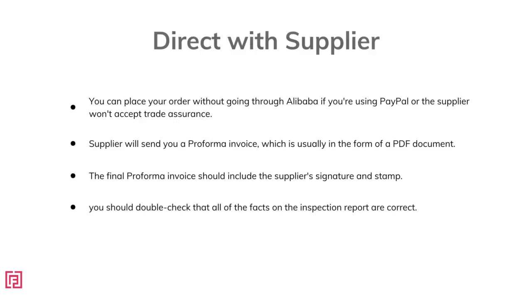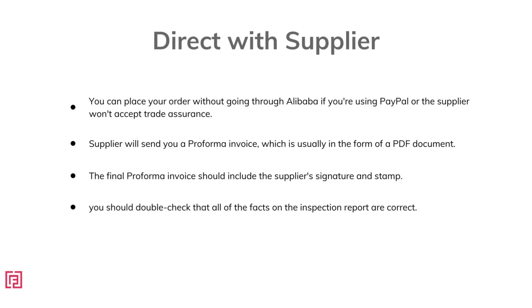You can place your order without going through Alibaba if you're using PayPal or the supplier won't accept trade assurance. Once you've agreed on all of the terms, price, and quantity, the supplier will send you a pro forma invoice, which is usually in the form of a PDF document. They also prefer to use simple Excel files on occasion, but primarily for quote purposes.